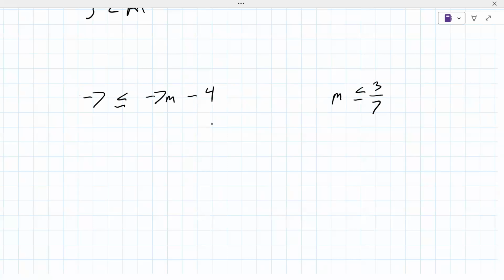Like this? No, it's a negative. -3/7. Okay, that is correct. Good.